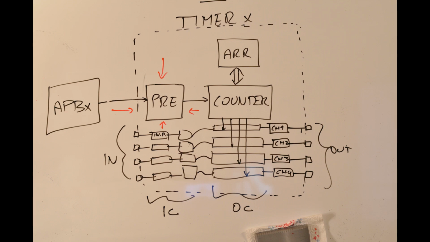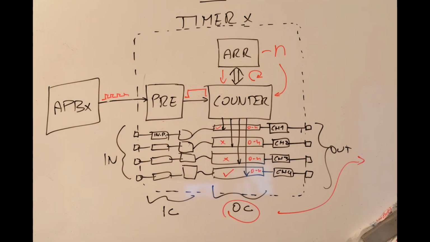So the prescaler is a simple divider. If the clock is too high for the counter, for the values we want to count, we can use the prescaler to lower the frequency that's going into the counter, so that the counter can count to any value we want comfortably without losing the speed we want. So the counter is going to count and compare the value to the auto reload register, the ARR register, and it's going to count to the value stored in that register.